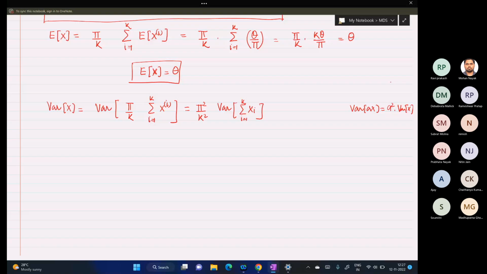Now I'll apply the definition of variance over here. So this will be the expected value of the square of the sum of xi, i from 1 to k, minus the square of E of the sum of xi, i from 1 to k.